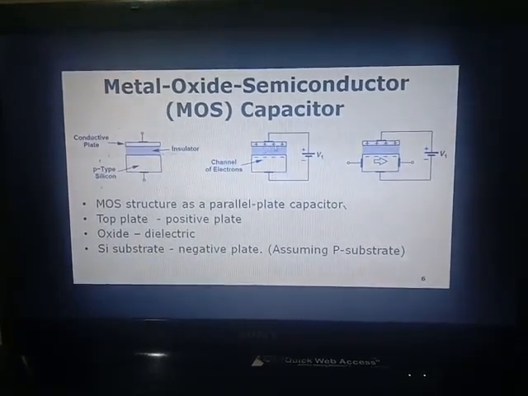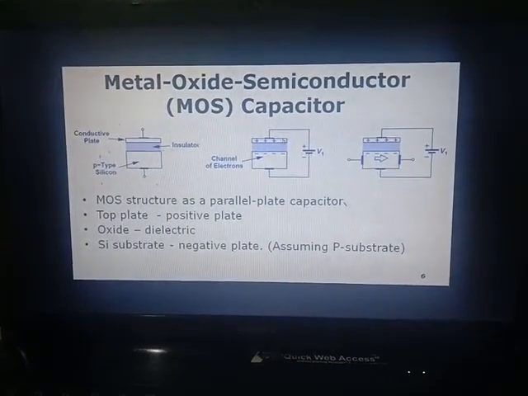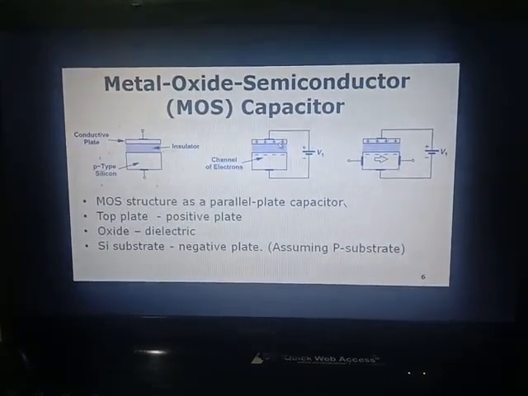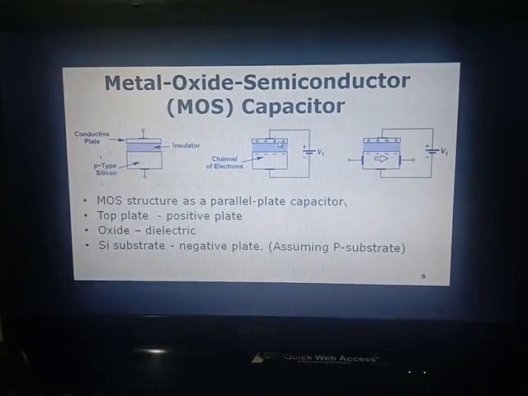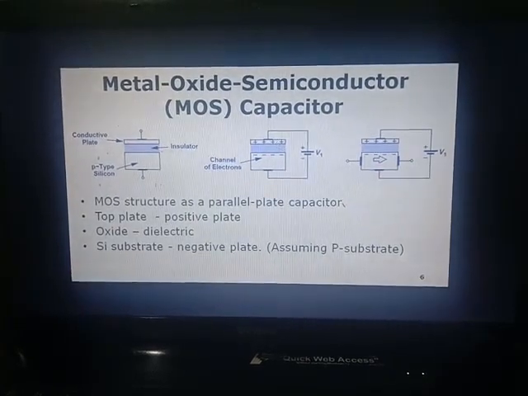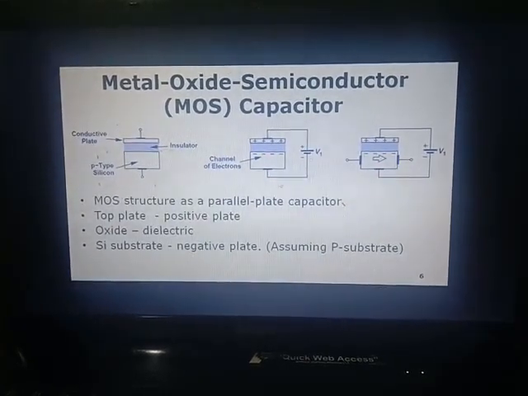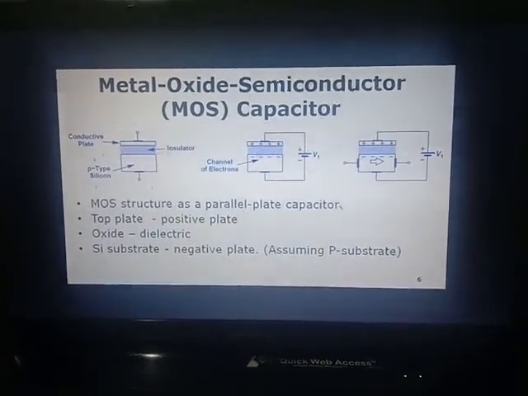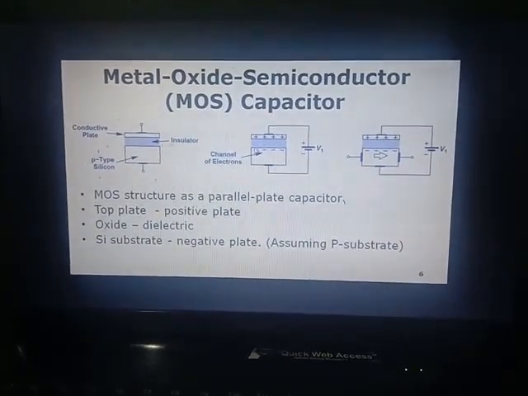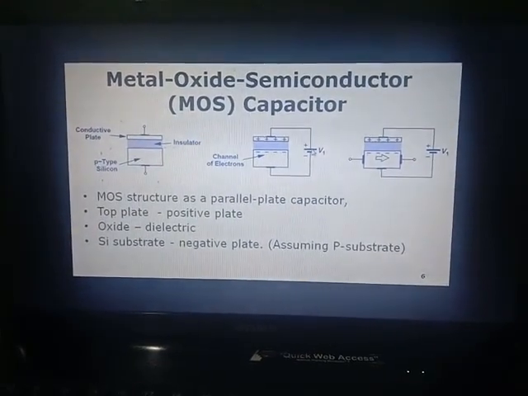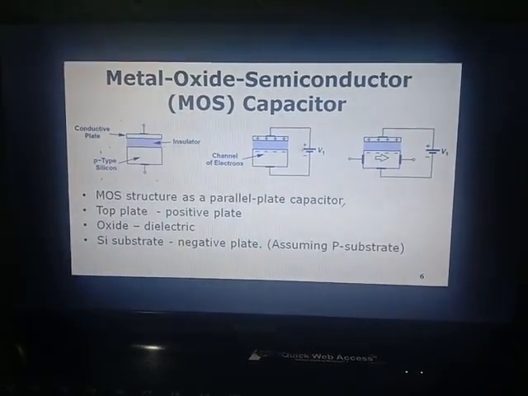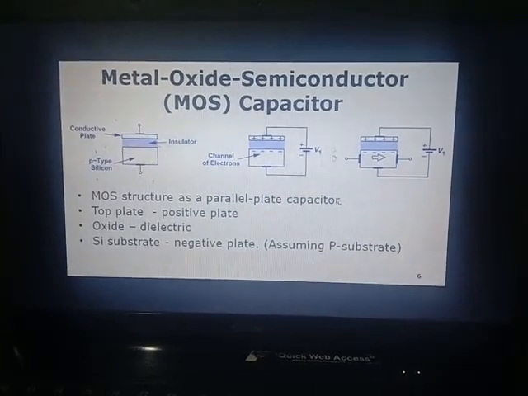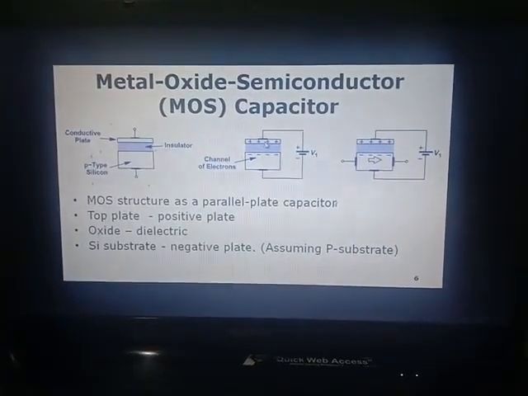We are going to give the positive polarity of the battery to the gate, and the negative polarity of the battery is connected to the p-type substrate. In between we will have silicon dioxide, which acts as the dielectric material. So if we apply an electric field, what will happen?